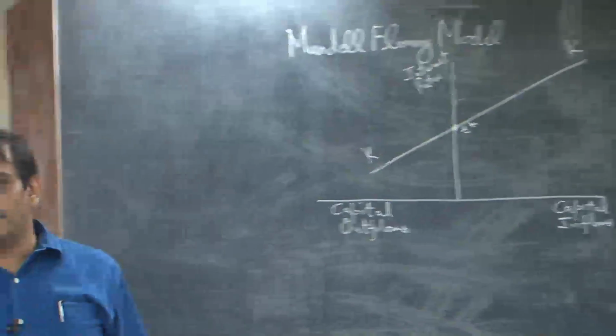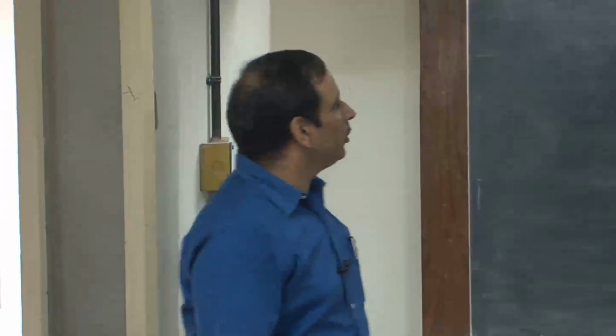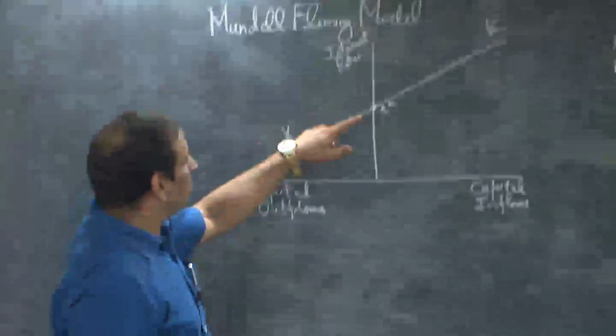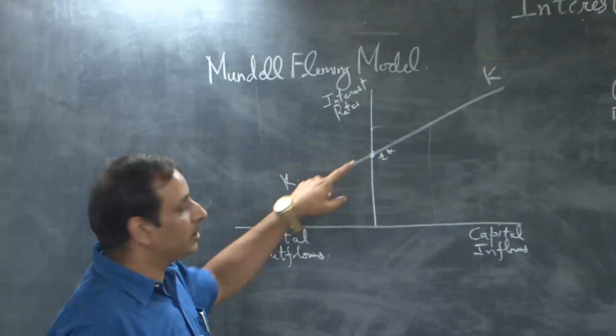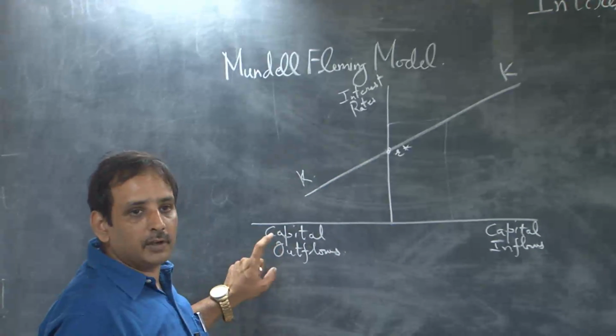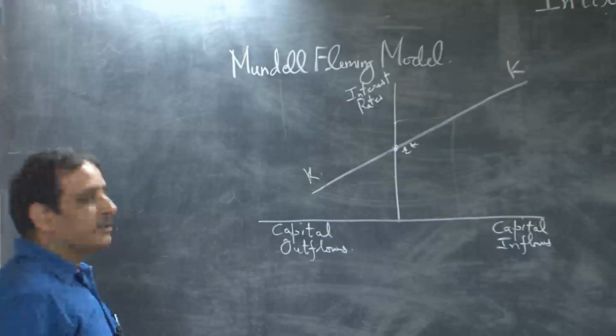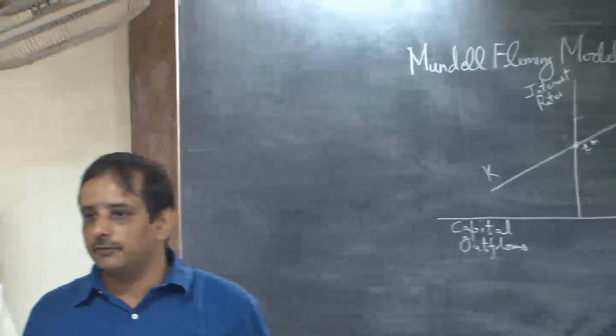So if the domestic interest rate exceeds the foreign interest rate, you will see a capital inflow. If the domestic interest rate is lower than the foreign interest rate, you will see a capital outflow. Reason, because higher interest rates give higher returns, so you see an inflow of capital.